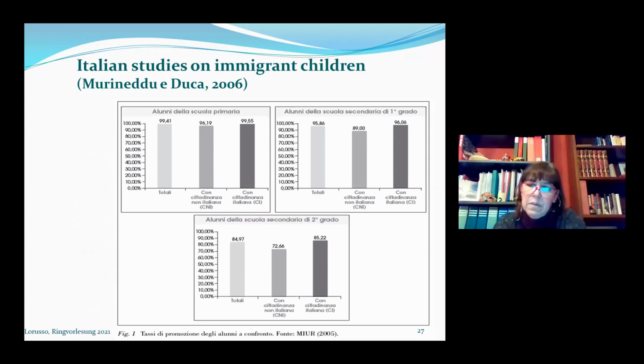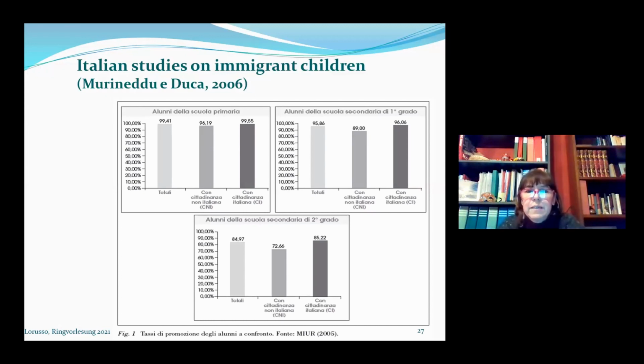Here there is a graph illustrating the degree of success in schooling in monolingual and non-monolingual, or say in this case, children from immigrant families in the Italian schools.